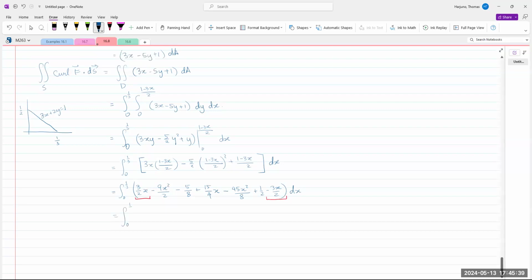Okay. Integral from 0 to 1/3 of, let's start with the x squared. So that will be negative 9 over 2 multiplied by 4, negative 36 over 2 x squared, plus 45 will be negative 81 over 2 x squared, plus 15 over 4 x, minus 5/8 plus 4/8, that's negative 1/8, dx.